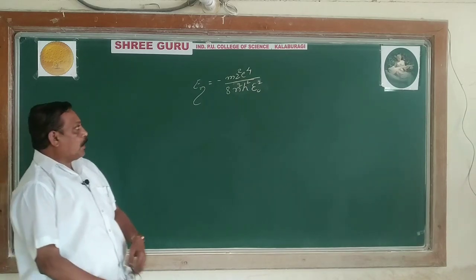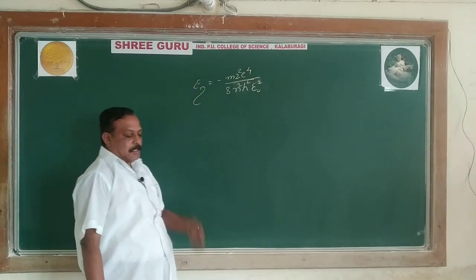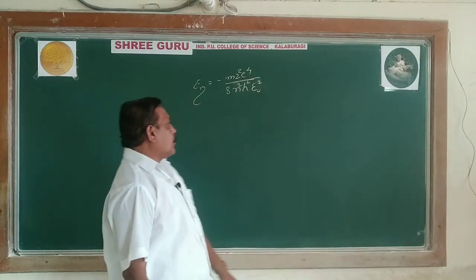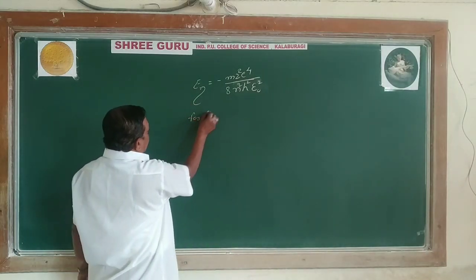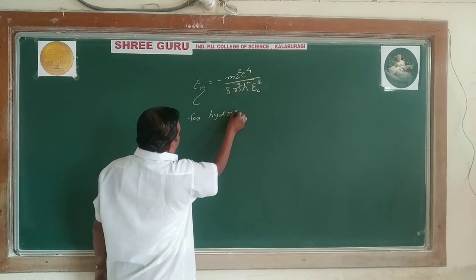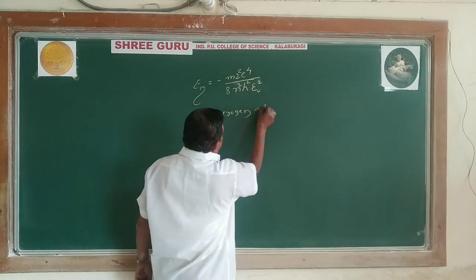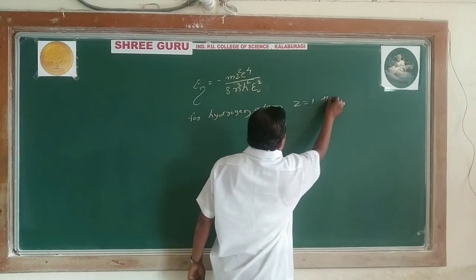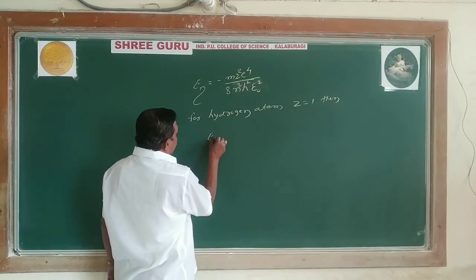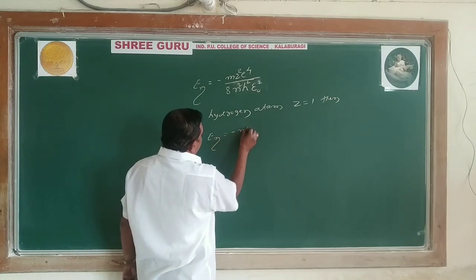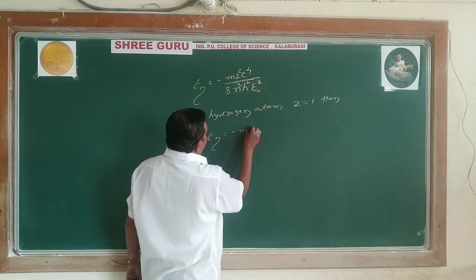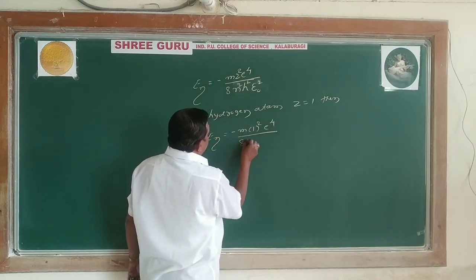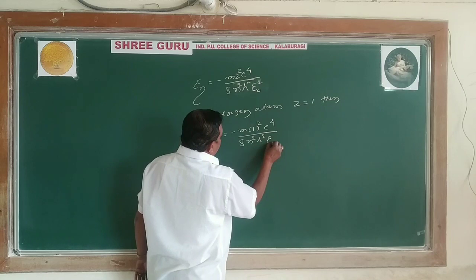So if I consider this equation and do a certain analysis, if I consider the hydrogen atom, for the hydrogen atom Z equals 1. Then the nth orbital energy is minus m Z square e fourth divided by 8 n square h square epsilon naught square.